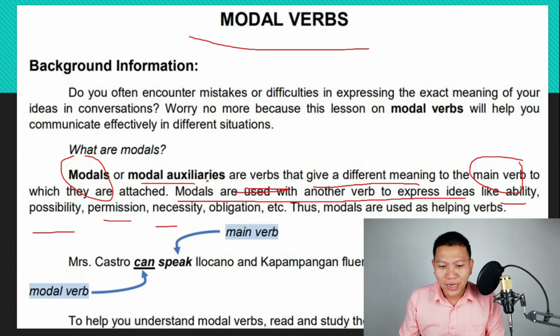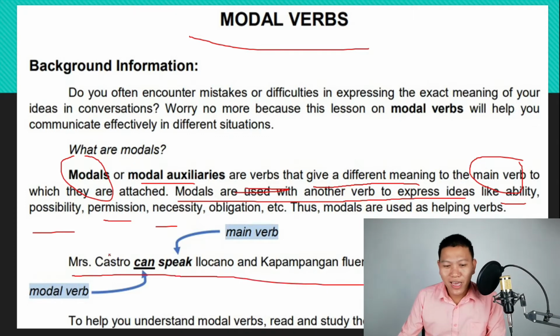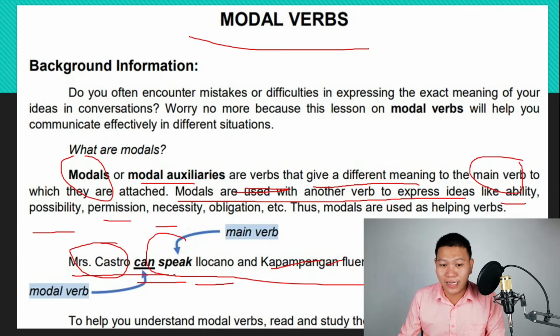Okay? Now, let's have an example here. Mrs. Castro can speak Ilocano and Kapampangan fluently. So we are talking about Mrs. Castro. And Mrs. Castro can speak what? Ilocano and Kapampangan fluently. Now, the main verb here is speak.